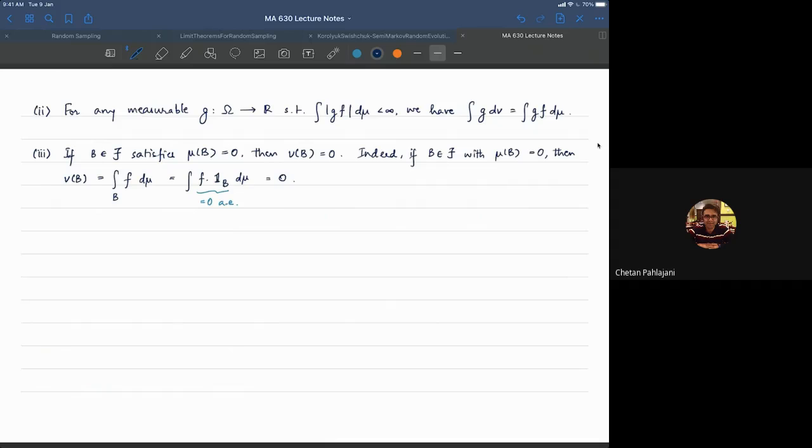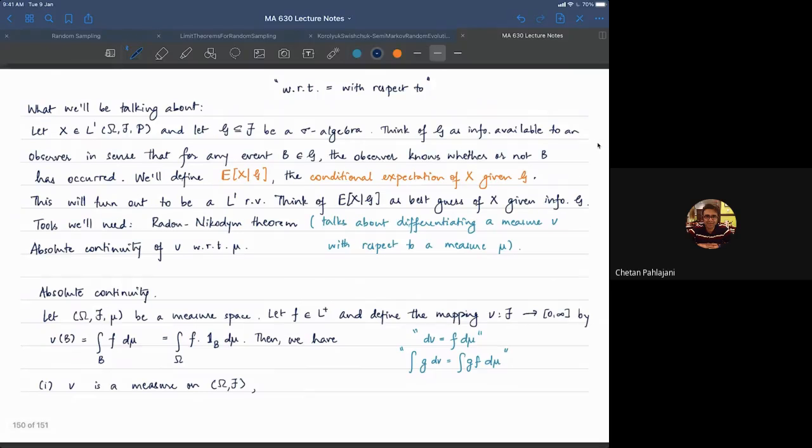All right, so now here's what we're going to do. Remember, we started with the function f and we came up with the measure ν. Now we're going to try and go the other way. In other words, we look at a situation where ν is given to us and we ask ourselves, can we find a function f? Suppose (Ω, F, μ) is a measure space, and suppose ν is a measure that somebody has given me.